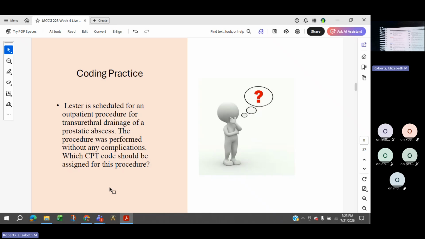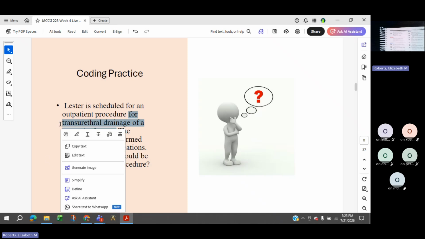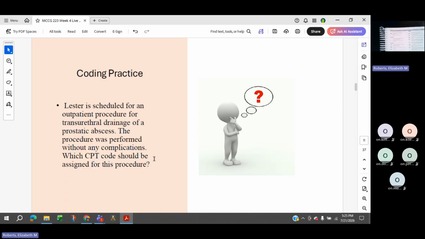That looks pretty good, and it's transurethral. I wouldn't see anything here that would make me think that that's the incorrect code.